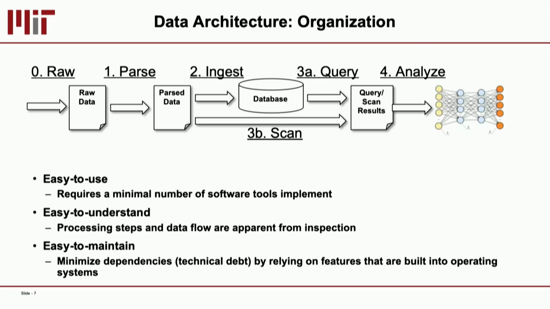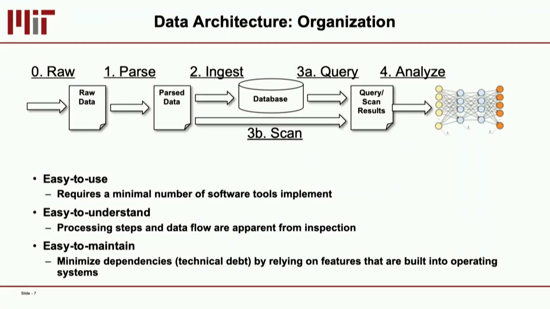And so these are the big steps in a pipeline that we see. Most applications will use three of these steps. They're not using all of them, but it's a great framework for looking at any data analysis pipeline. It's easy to use, it's easy to understand, and it's easy to maintain. We like all of those features, and I'll get into those in more detail.